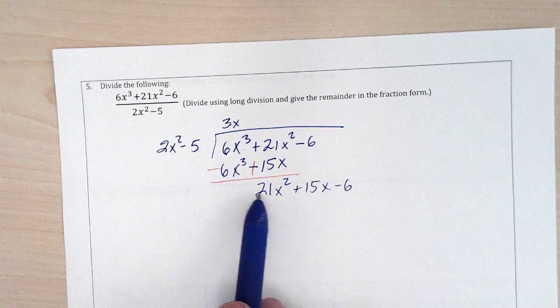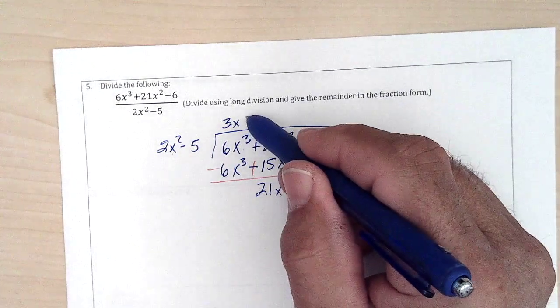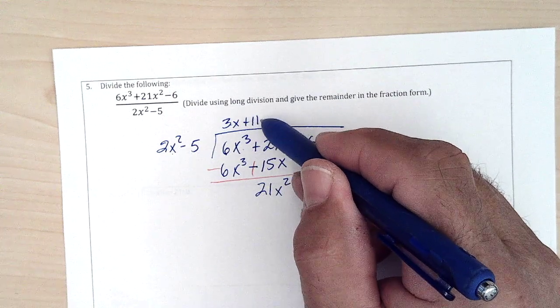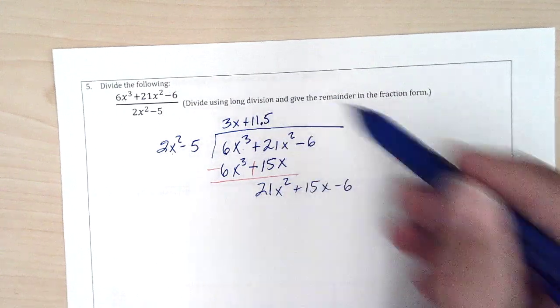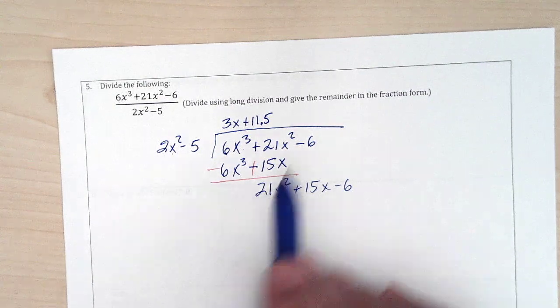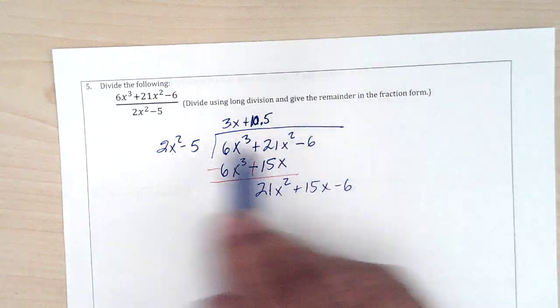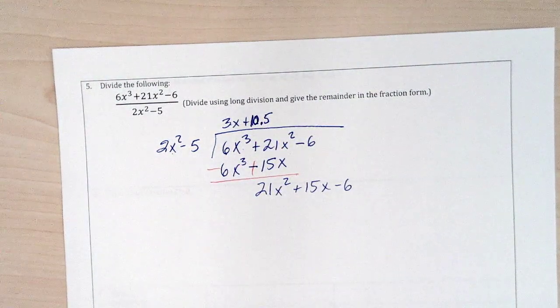2x squared times what is 21x squared? And I think that would be 11.5. 11.5 times 2 is 21. No, 10.5. Excuse me, 10.5 times 2 is 21.